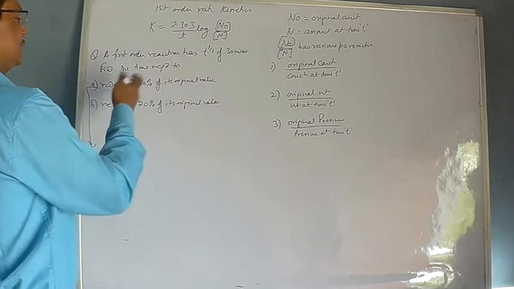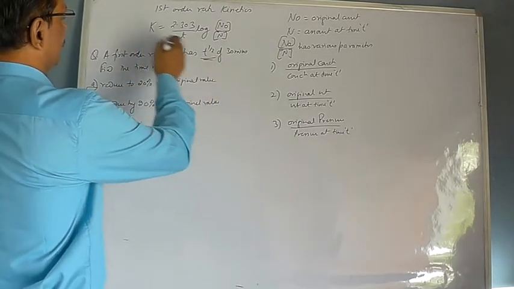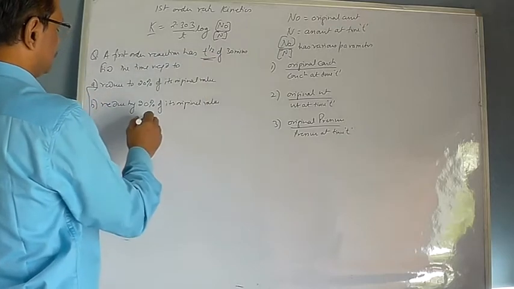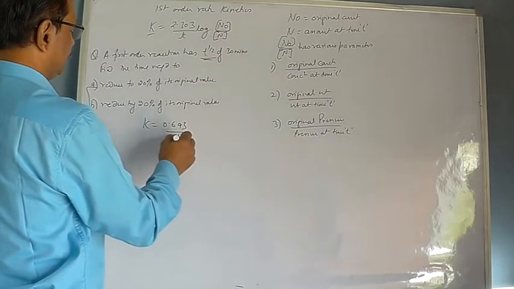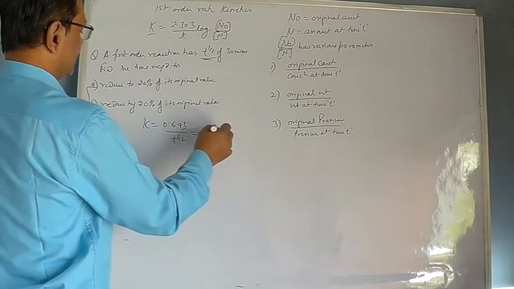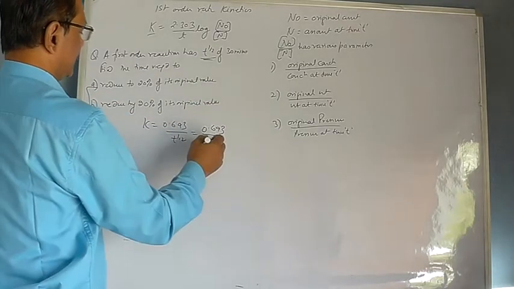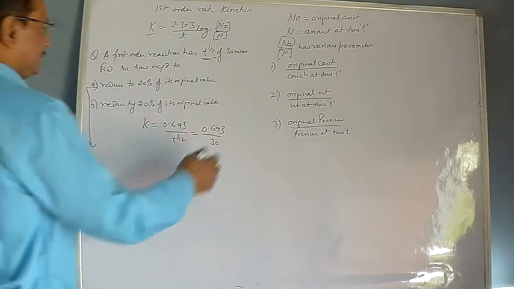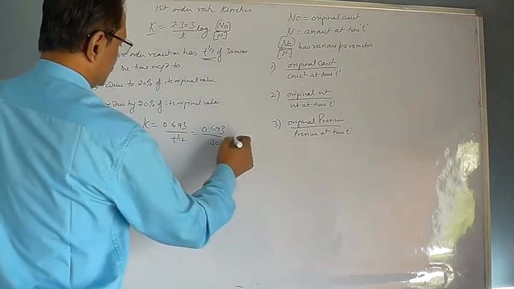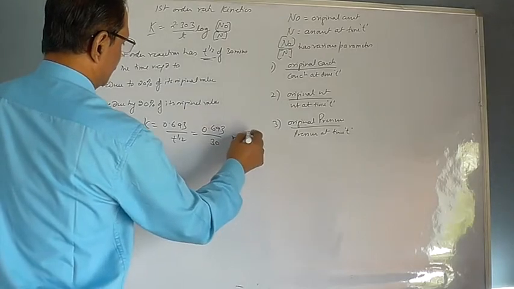But before you start solving, you must find out the value of k from t half. We know k equal to 0.693 upon t half. The value of t half is 30, and since t half is given in minutes, the unit becomes minute inverse.